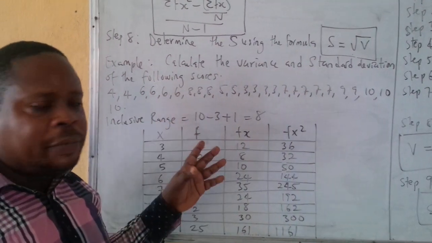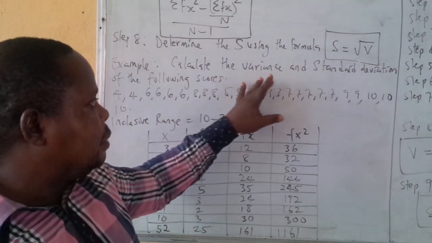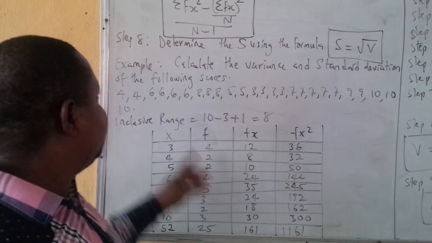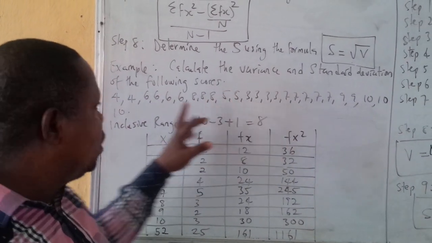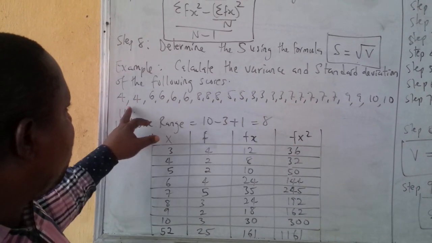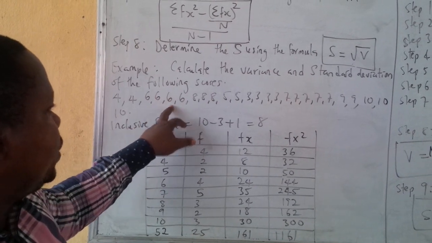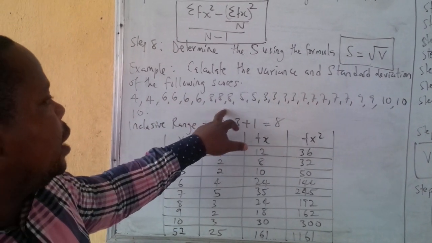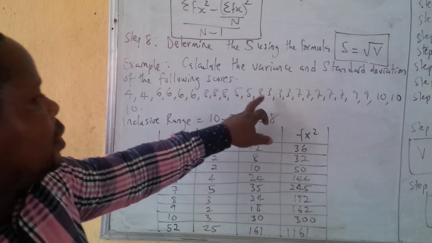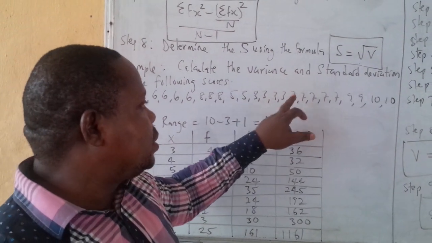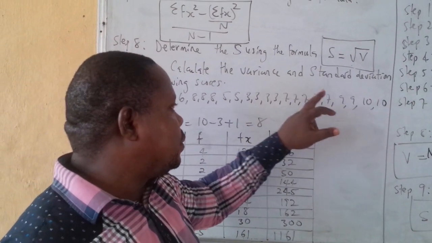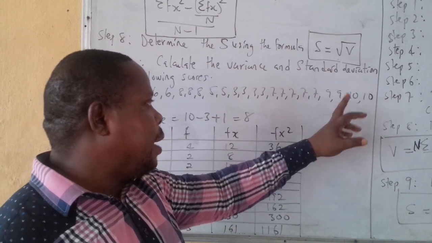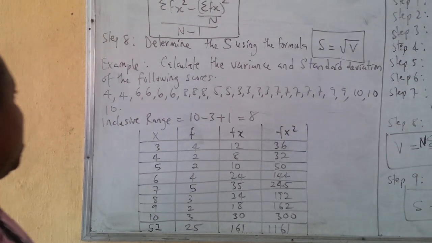And then there's an example here. Calculate the variance and standard deviation of the following scores. The scores are: 4, 4, 6, 6, 6, 6, 8, 8, 8, 5, 5, 3, 3, 3, 3, 7, 7, 7, 7, 7, 9, 9, 10, 10, and 10.